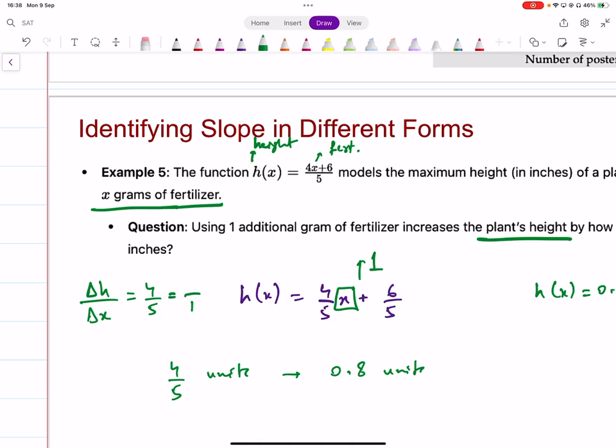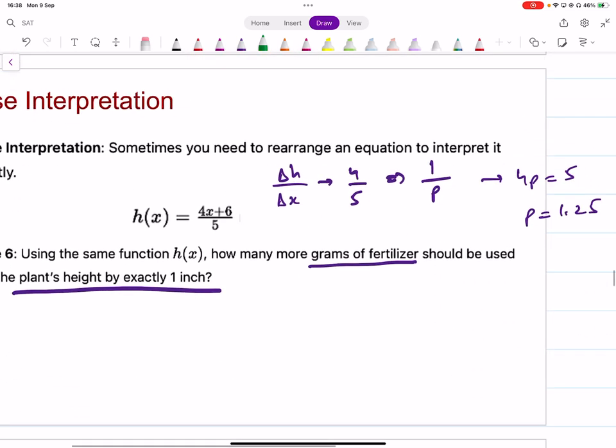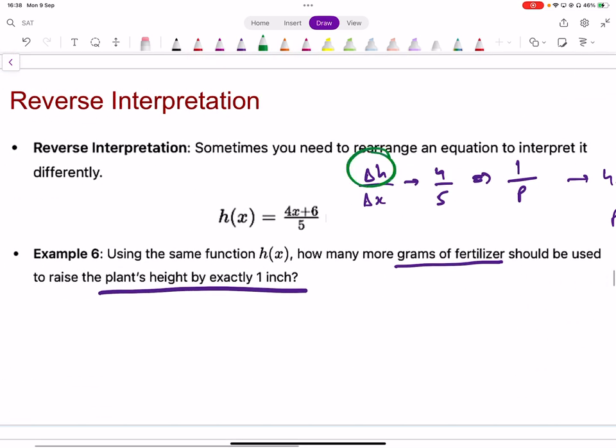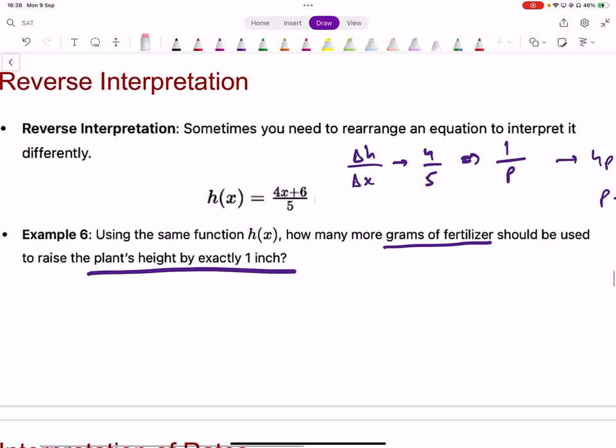What is your numerator going to be? That was 0.8 in that case, right? Now, in this case, change in h is supposed to be 1. So this is supposed to be 1 now. What should the denominator be so that we have the same ratio?